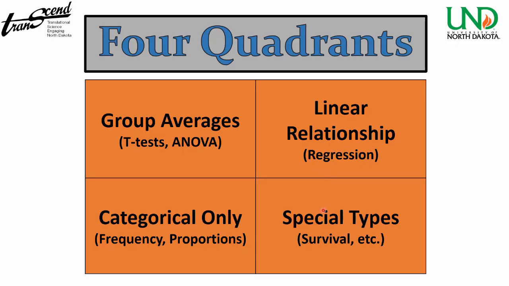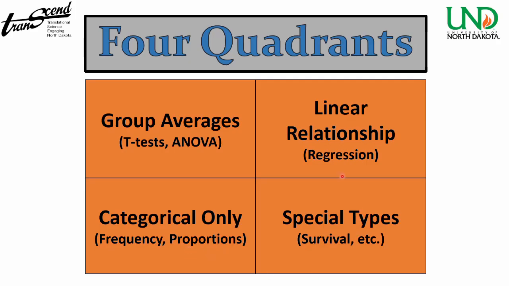Now on the count data or the categorical only data, that's another quadrant. That's like frequency analysis, proportion tests, things like that, where you don't actually have things like means or you're not testing one numerical against another. You're testing bins. You're testing cells with counts.